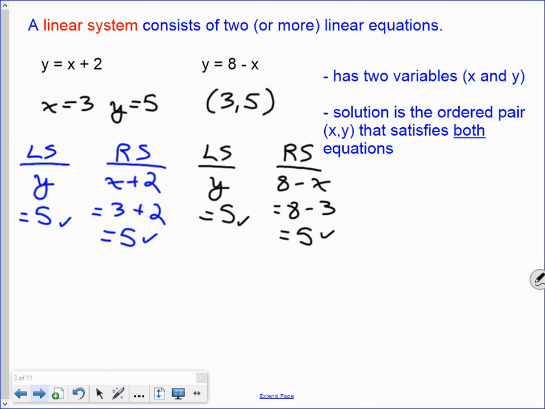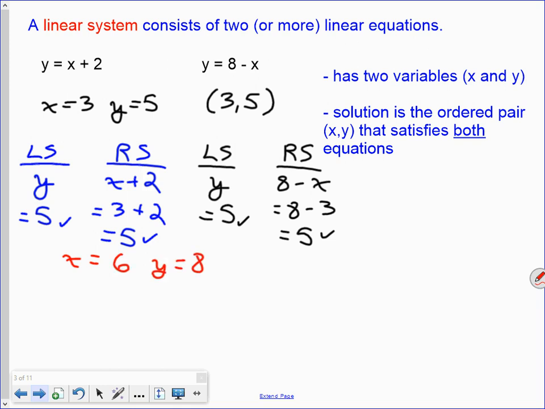Now, we could pick a value of x and y that'll satisfy one of these equations. There's lots of values of x and y that will work in our first equation here. So I could pick something like x equals 6 and y is equal to 8.